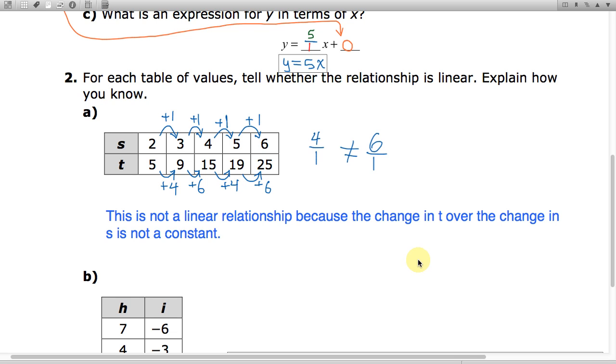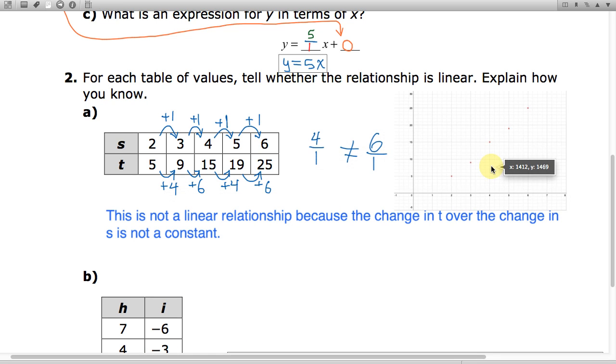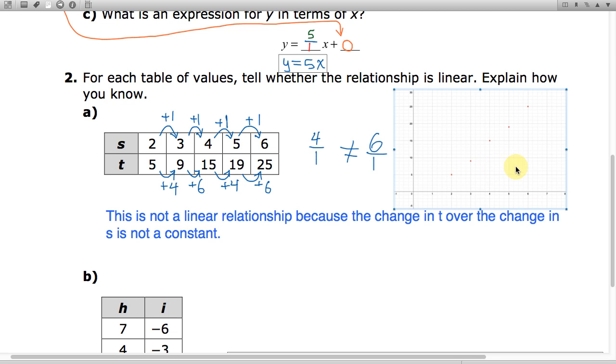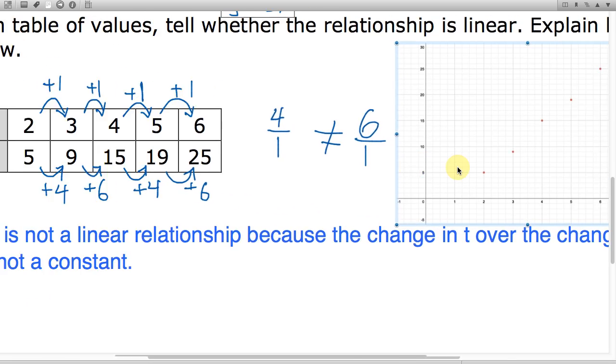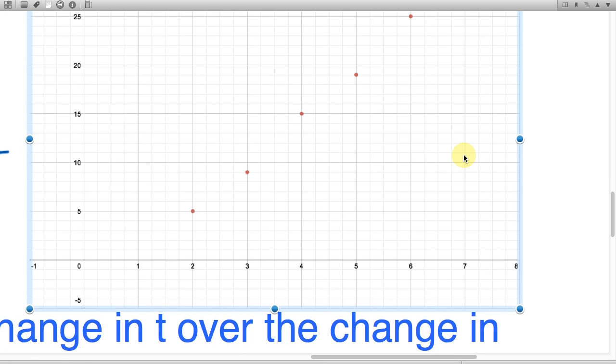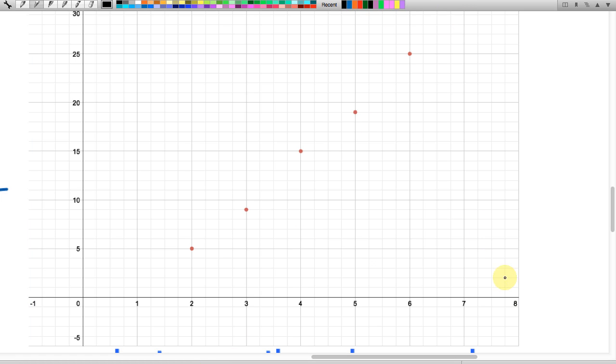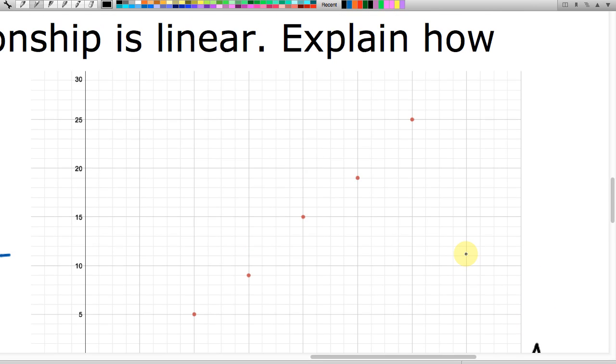Okay, let's just move this over here, and let's get a closer look at that relationship between S and T. Right here, this is where we have our S-axis, and right here is where we have our T-axis.